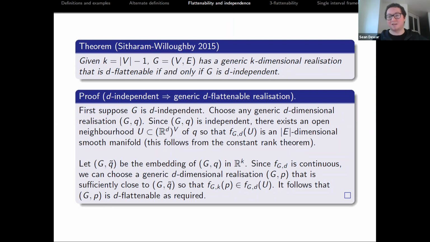It could still have some bad points. What I've basically shown is that it's open at every neighborhood of an independent point. So if you take an independent point and take an open neighborhood of that point, f_GD will be open on this restriction. And that's what I've used here. I see. Okay, yeah.